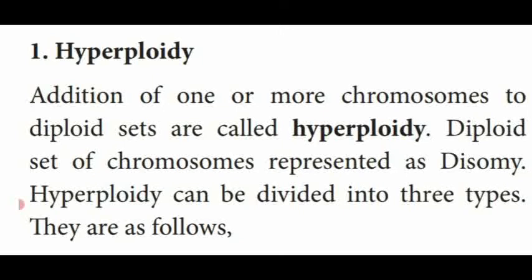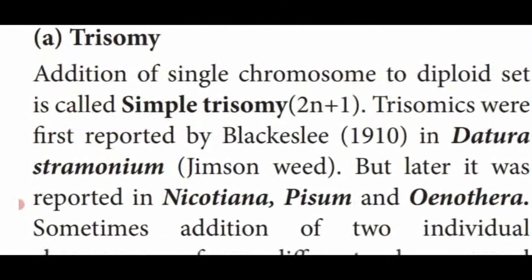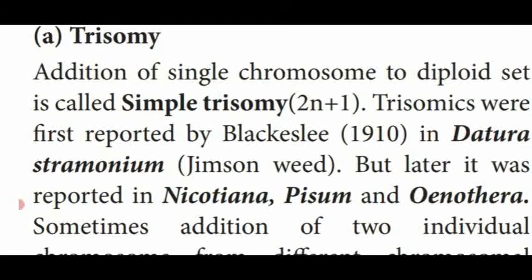Then the normal diploid set of chromosomes is known as disomy. This hyperploidy is again divided into three types. One is trisomy.